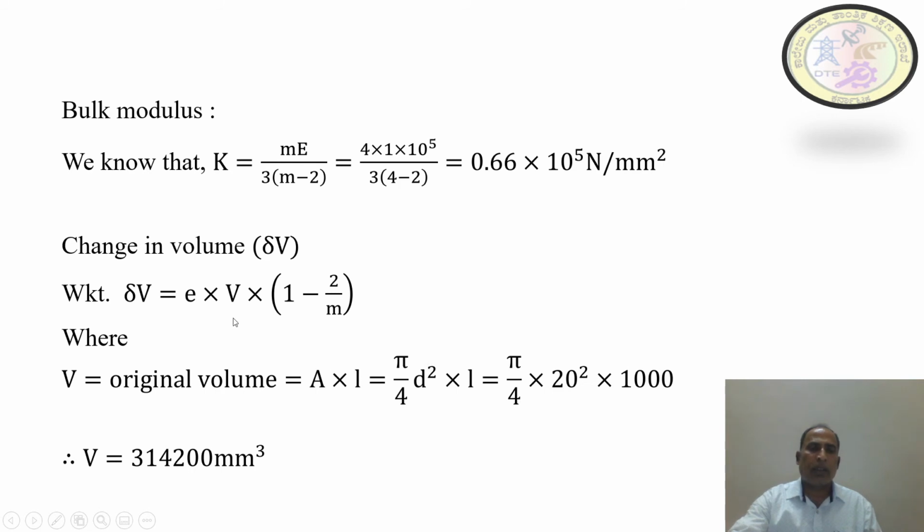Now we have to calculate the change in volume. As you know, change in volume delta V is equal to e into V into (1 minus 2 by m). The original volume is the product of cross-sectional area and the original length. Therefore pi by 4 d square into L, that is equal to pi by 4 into 20 square into 1000. Otherwise you can calculate the cross-sectional area at the beginning only, then take directly the value of pi by 4 into d square, or substitute the value of diameter and calculate the volume.